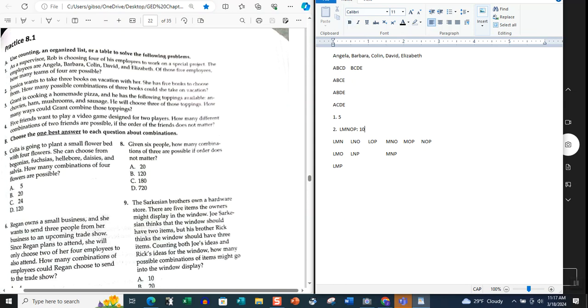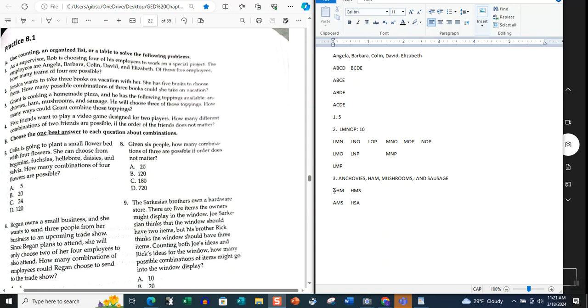Okay, now we move on to problem 3. Grant is cooking a homemade pizza, and he has the following toppings available: anchovies, ham, mushrooms, and sausage. He would choose 3 of those toppings. How many ways could Grant combine these toppings? Okay, class, like I did in the previous problem, for number 3, you have anchovies, ham, mushrooms, and sausage.